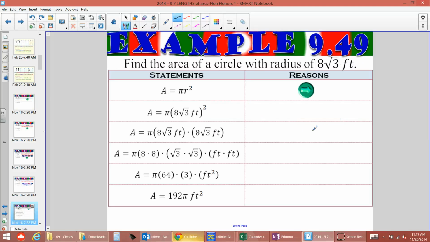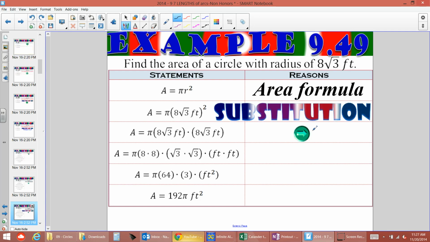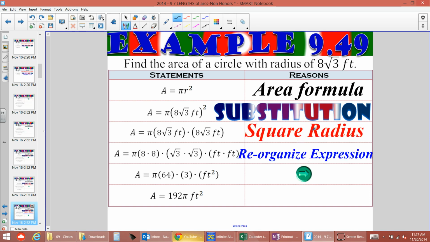Okay, in this example now we're looking for the area. Well, we have the formula for the area is pi r squared. We substitute in 8√3, and now we square each one of those. So 8 squared is 64. If we reorganize the expression, we see 8 times 8, which is 8 squared, root 3 times root 3, which is root 3 squared, and feet times feet, which is feet squared.